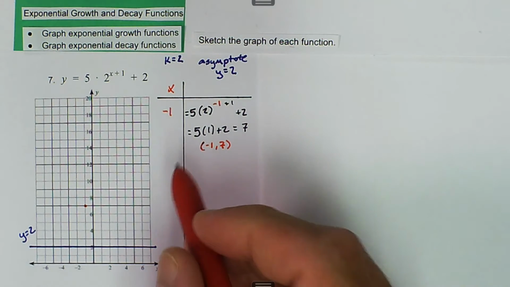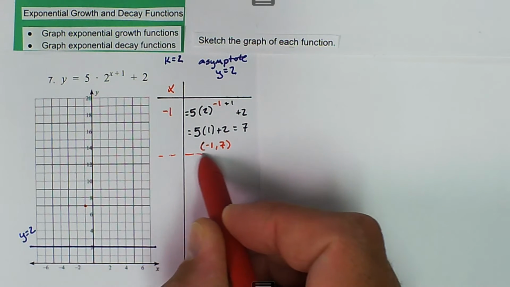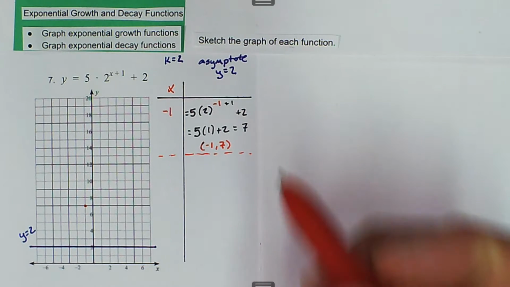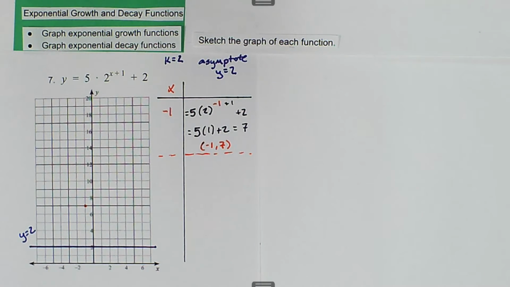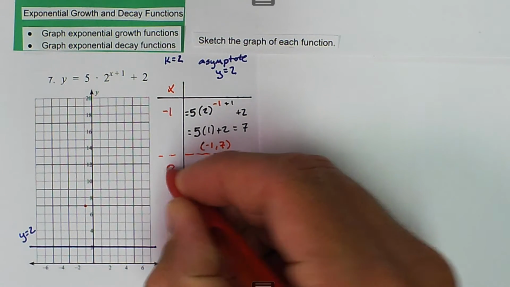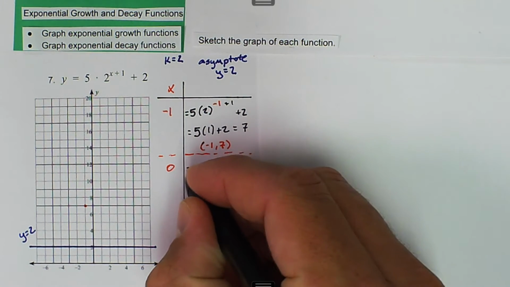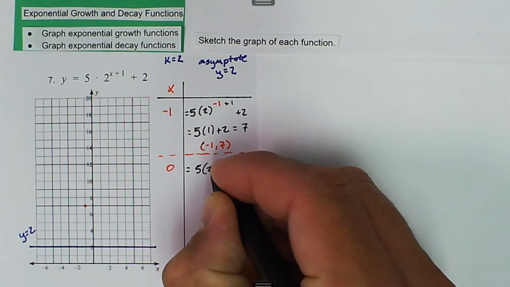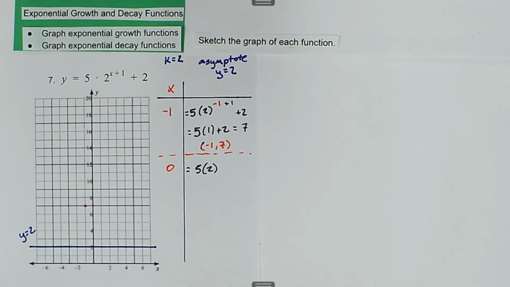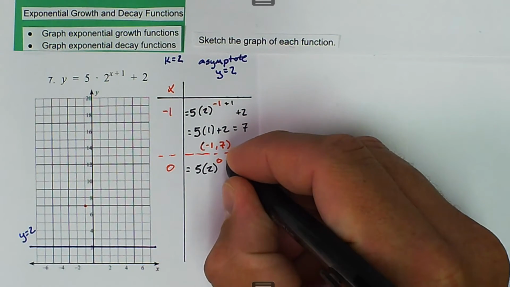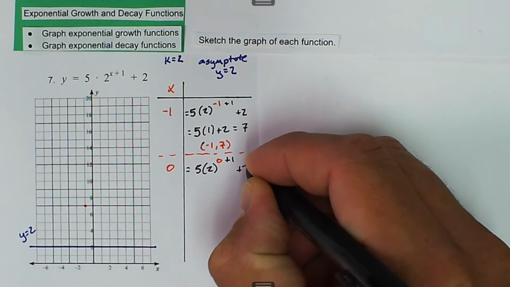And then we're going to look to our next point, which is going to be 0. So we're going to substitute in, and we get 5 times 2 raised to the 0 plus 1, plus 2.